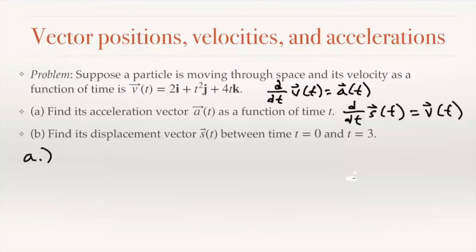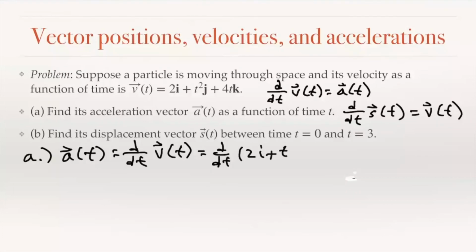So part A, we know that acceleration is the derivative of velocity. That's d/dt of 2i plus t squared j plus 4t k. And we just take the derivative of each component. This is a vector, and the derivative is the derivative of each component.